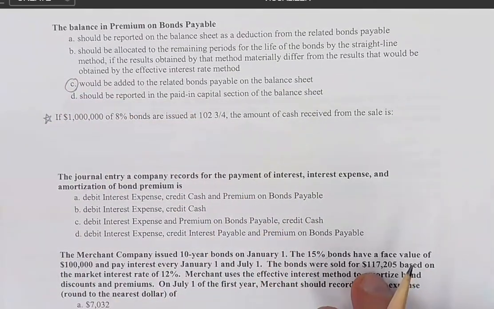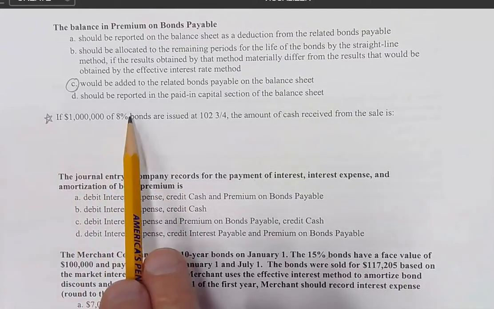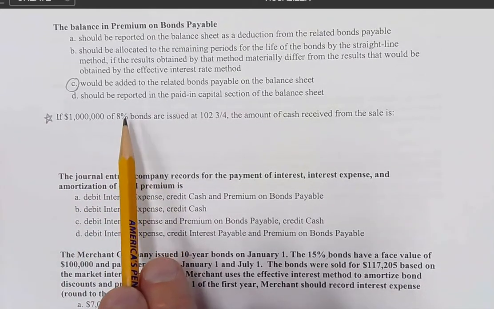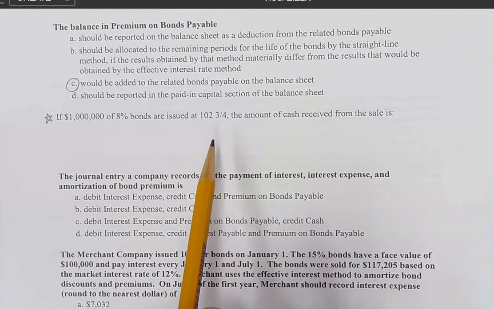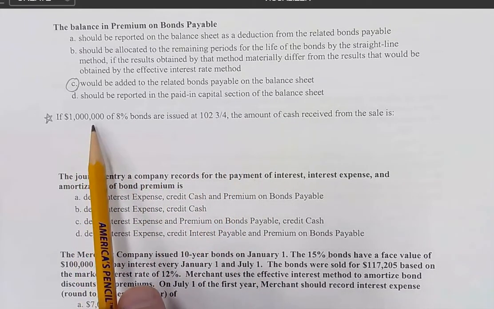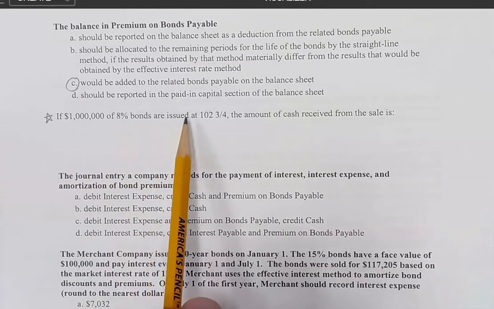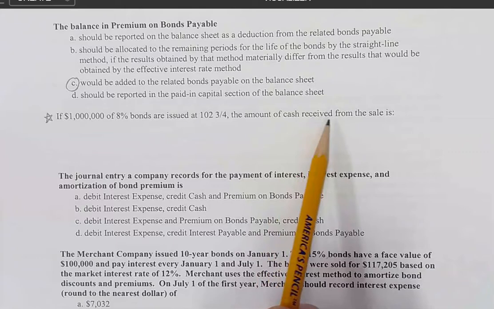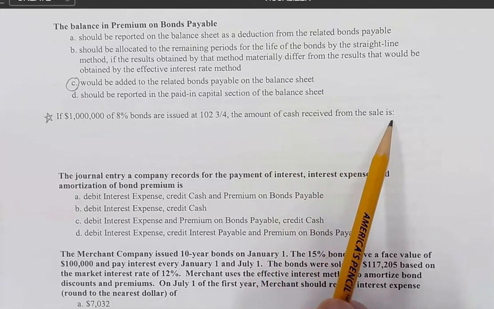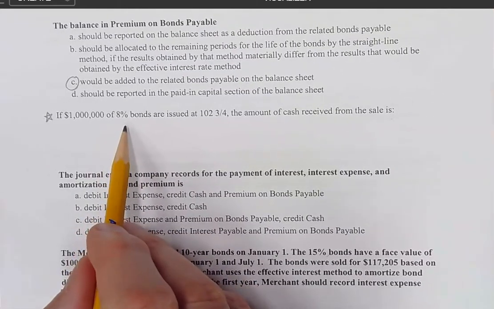Okay. I put this little star here because I forgot to bold this. This is an actual question here. And then this is our little workout area right in here. So it says if $1 million worth of 8% bonds are issued at 102 3/4, the amount of cash received from the sale is, well, the 8% is irrelevant here. We don't need that information.